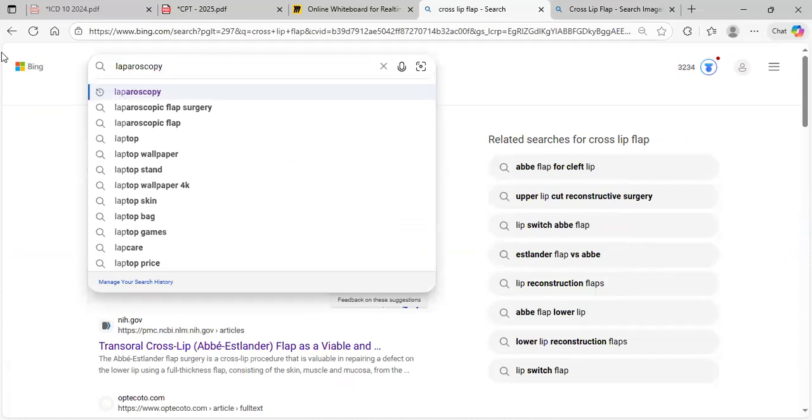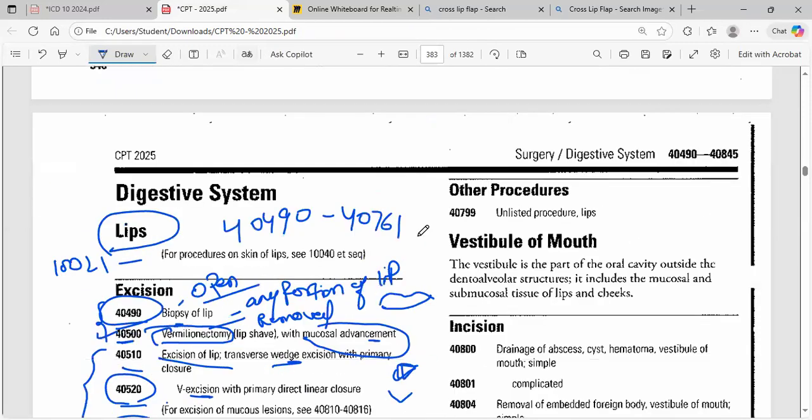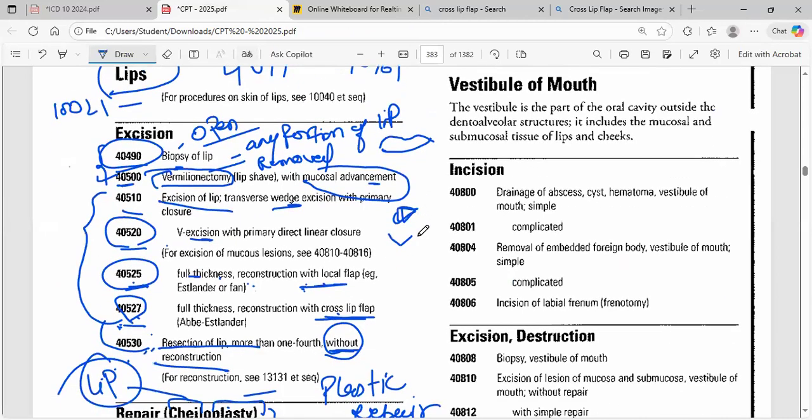Good. Let's move further. Okay, let's move to the next section.